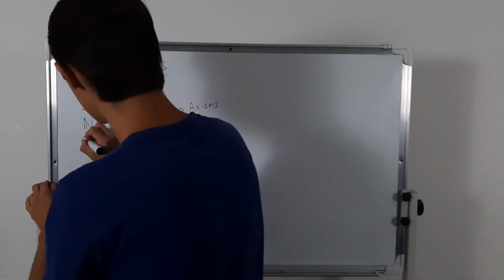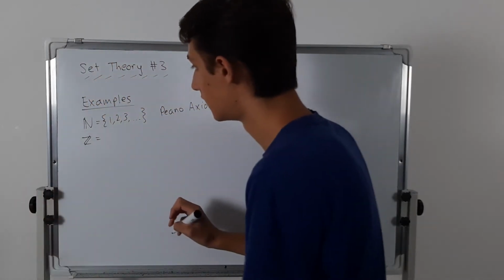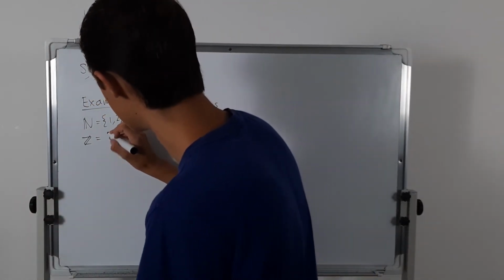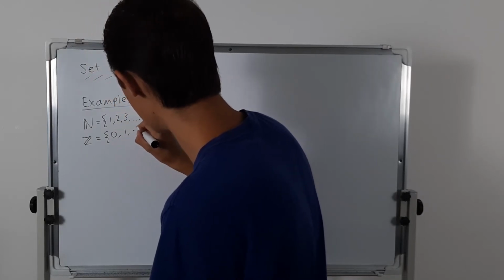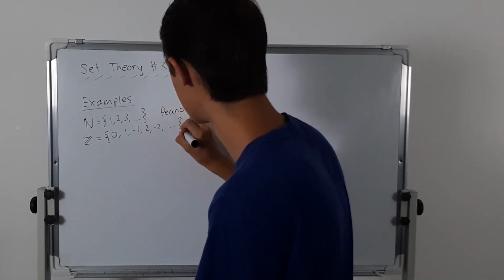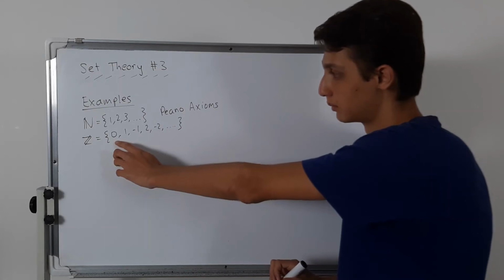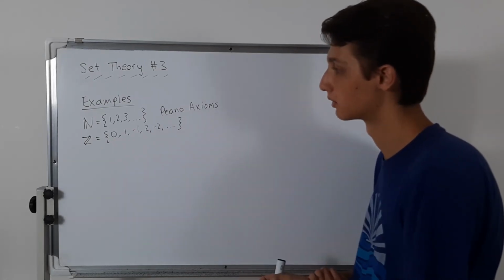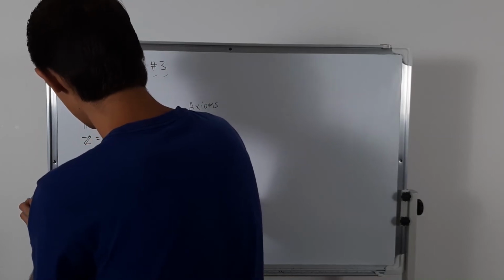And then Z, the set of integers, is pretty much the set, you have 0, 1, -1, 2, -2, and so on, right? So pretty much the same thing, just definitely with 0 as well as all the negative numbers. And then you have Q, the set of rational numbers.